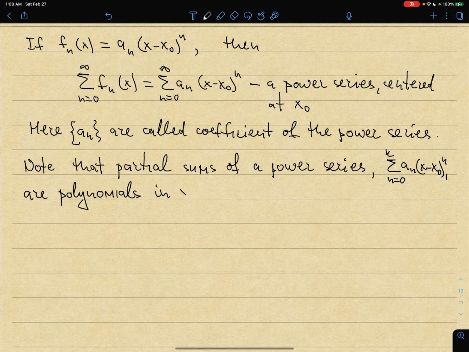And the observation that we can make is that they're all polynomials in x, and therefore the domain of s_k is the set of all real numbers for all k, right?